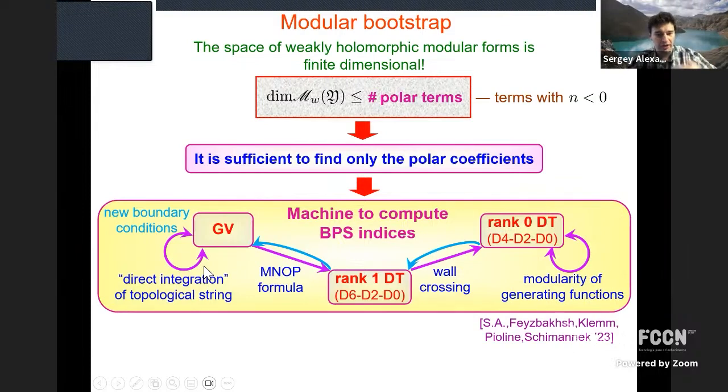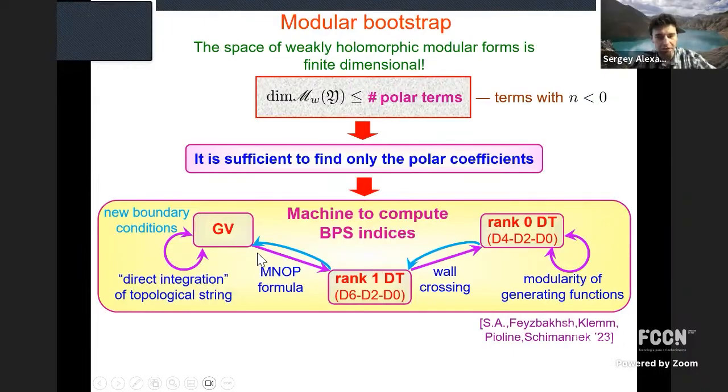And there is a way to actually find this topological string partition function by the so-called direct integration method, which is, roughly speaking, you solve the holomorphic anomaly equation for the partition function, imposing certain boundary conditions which allow you to fix the holomorphic ambiguity. In this way, you find GV invariants genus by genus.